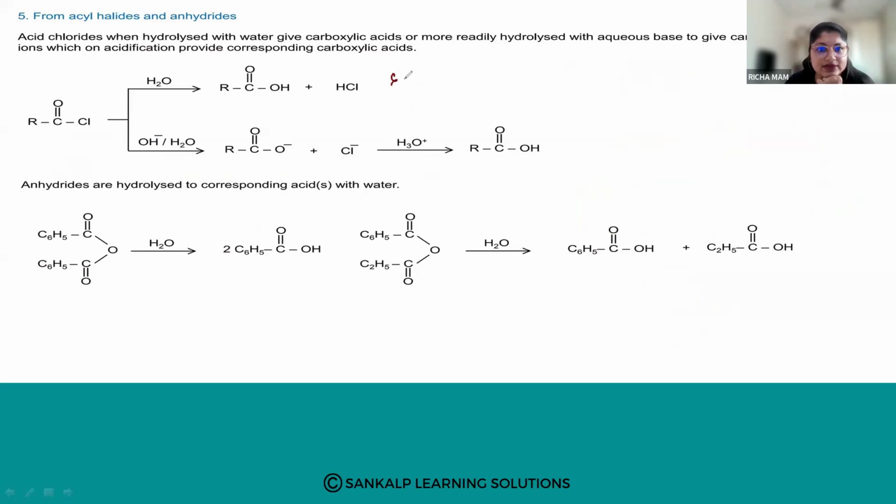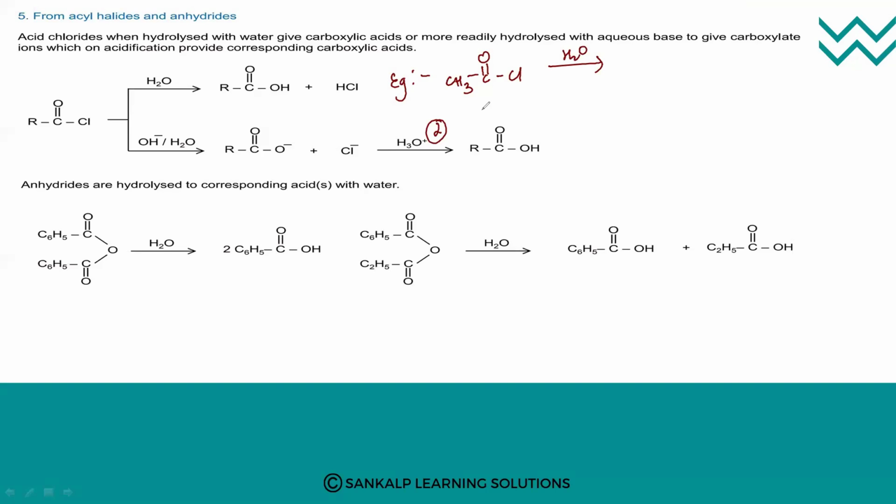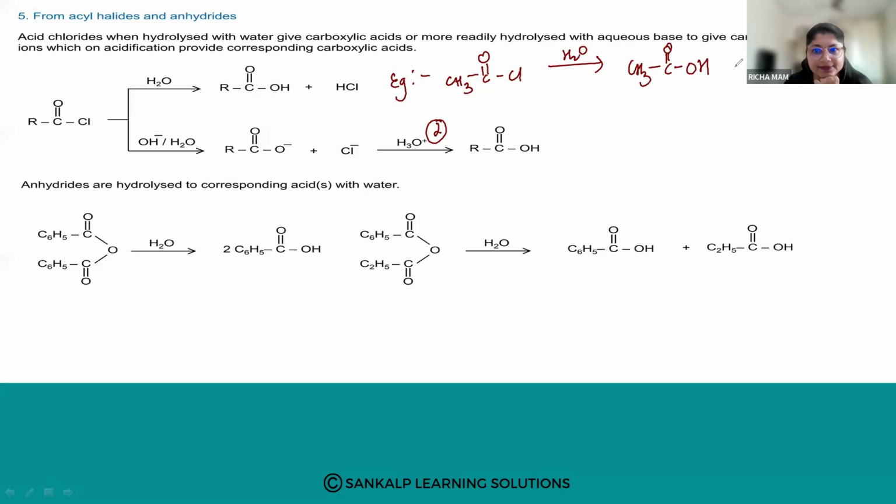So the first example: CH3 C double bond O Cl in the presence of water. Tell me the answer. The first one: CH3 single bond C double bond O single bond OH plus HCl.